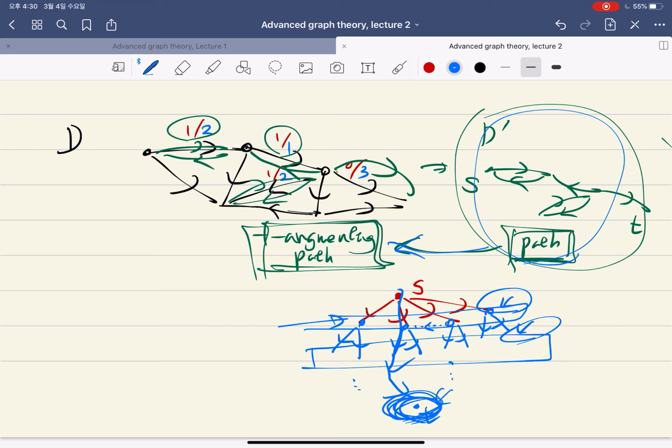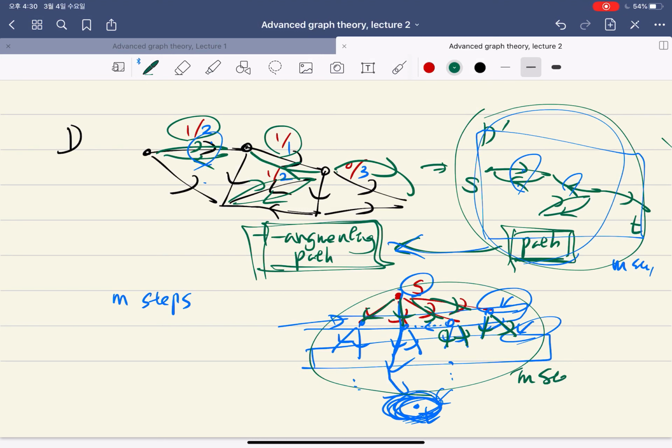Finding this can be done in M steps. For each edge, you replace it with 2 edges or 1 edge here. So constructing this takes M steps. And then once you construct this, you take S, and then you take all its out neighbors one by one, and then out neighbors one by one. So you check all the edges at most once. So in M steps, you can find the shortest path.